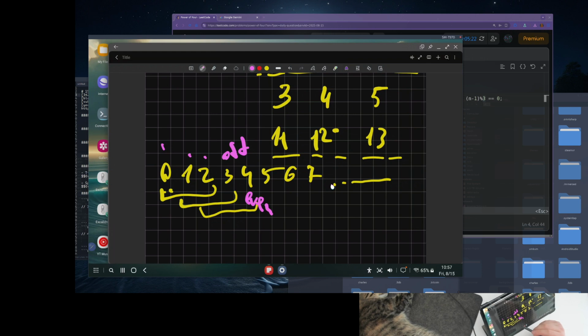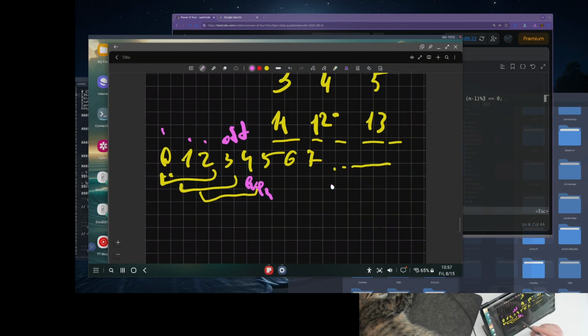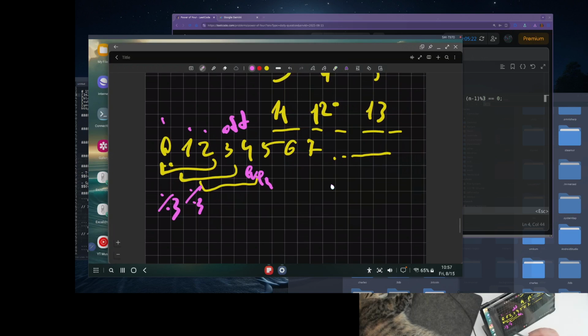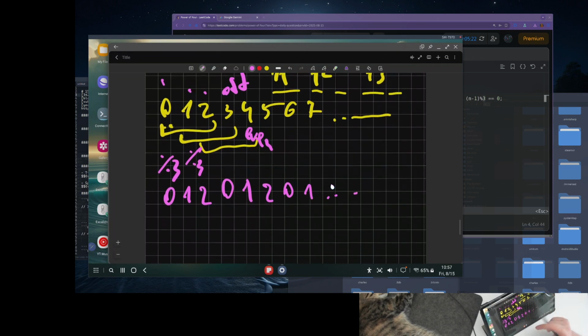So these are triples, and when we check if each is divisible by 3, it always gives us the same row, like 0, 1, 2, 0, 1, 2, 0, 1, and so on. So it's a repeating pattern.